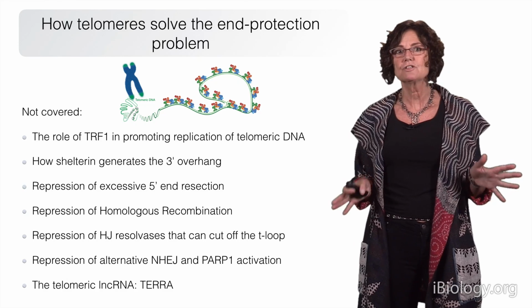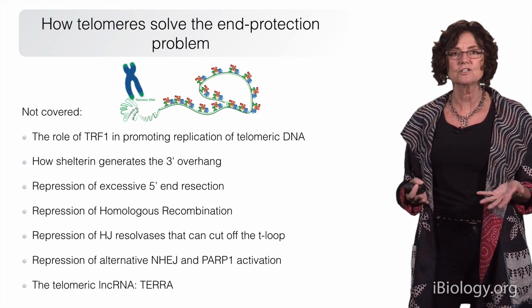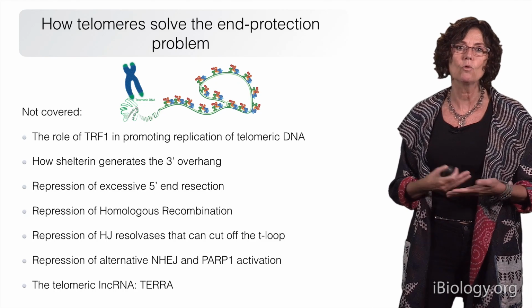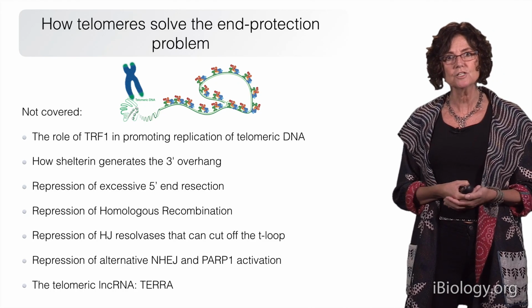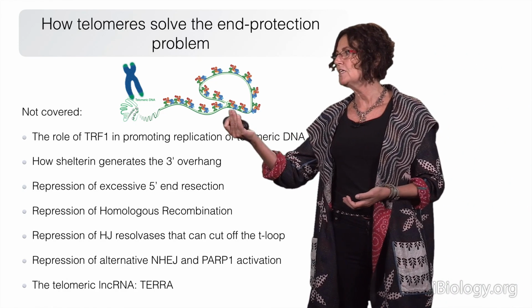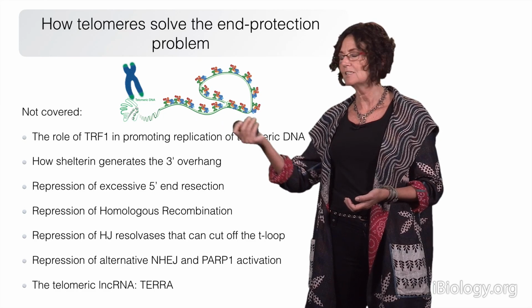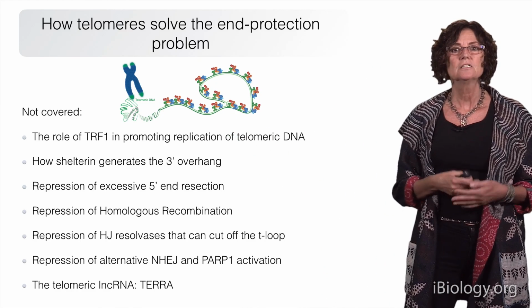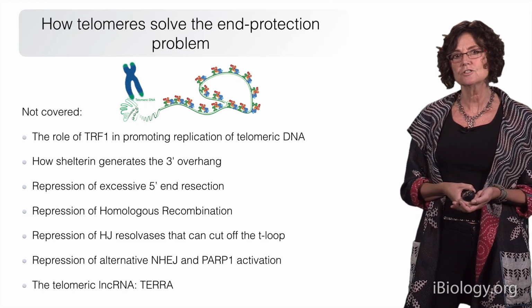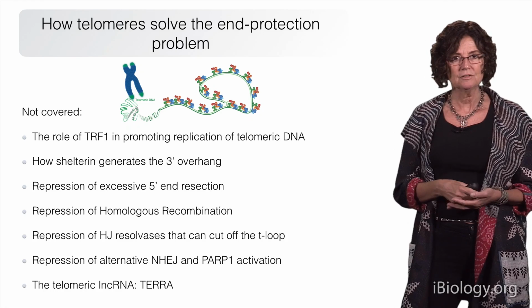I haven't told you how Shelterin represses excessive 5' end resection, which threatens telomeres, or about homologous recombination, or about the real danger of T-loops, which have a structure at their base, at the tail-loop junction, that can be resolved by Holliday junction resolvases that could cleave off the whole loop if they act.